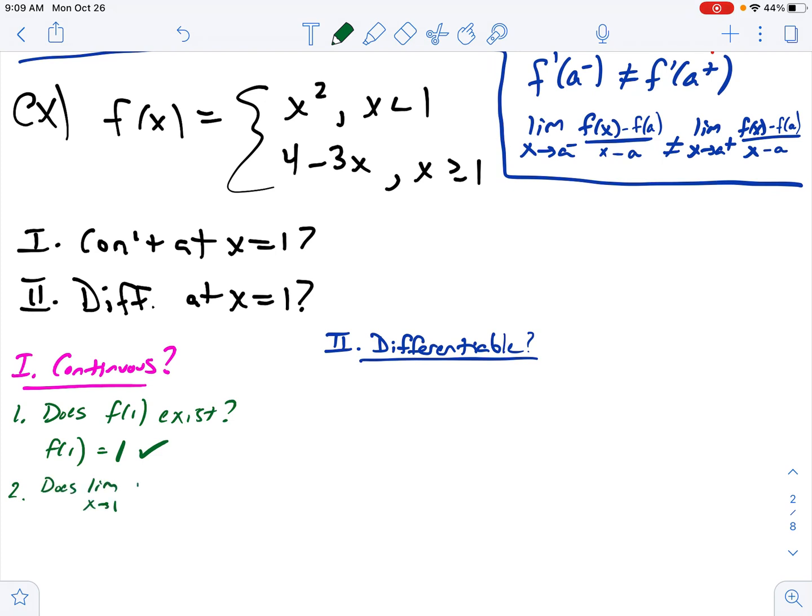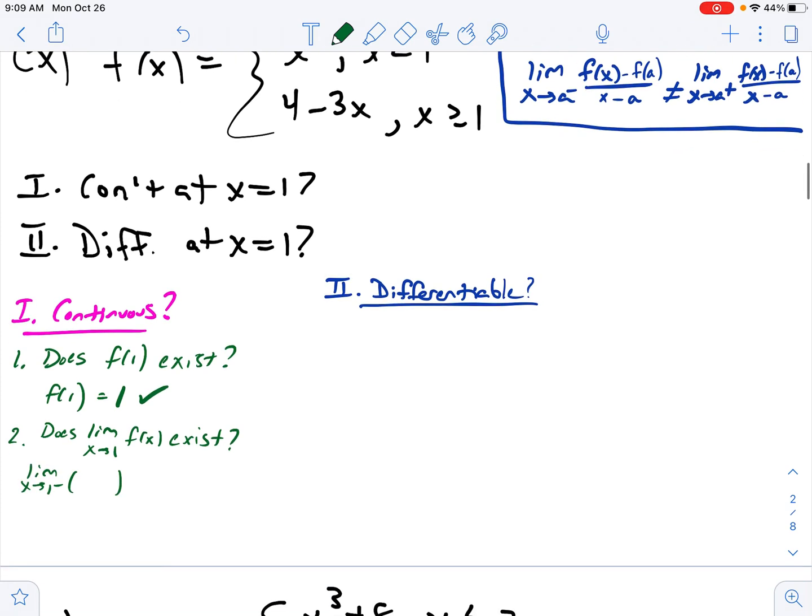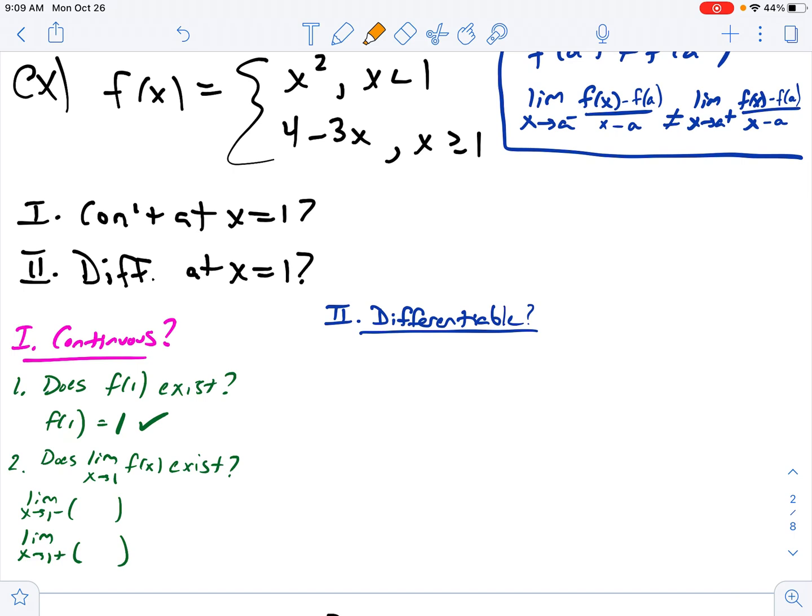Now I want to make sure, does the limit as x approaches 1 of this function exist? Okay, well, since it's a piecewise and it's splitting at 1, we'll take a look at the left and right limits. Coming in from the left, I want x values a little less than 1, so I'm going to use the top piece, x squared.